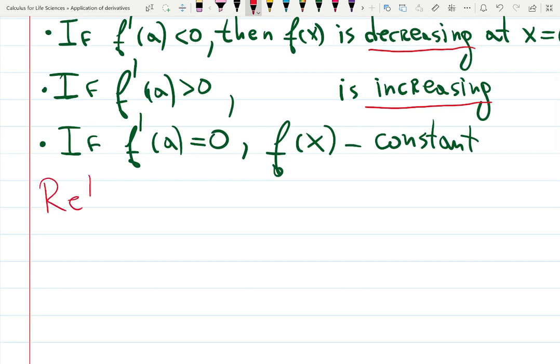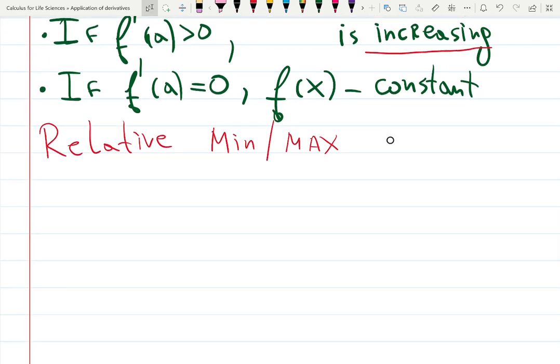Relative minimum and maximum. I usually say min, max. We say that f of x is a relative maximum.